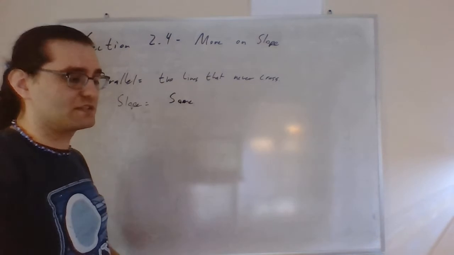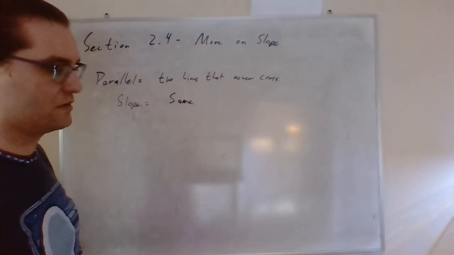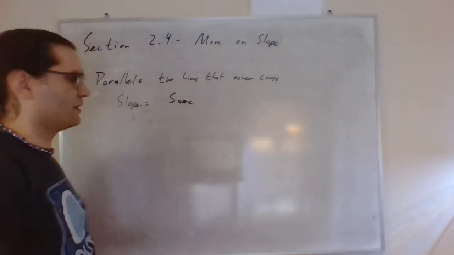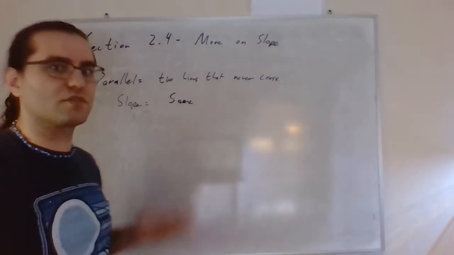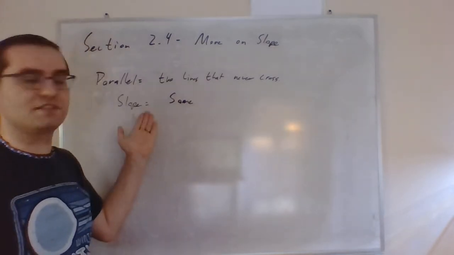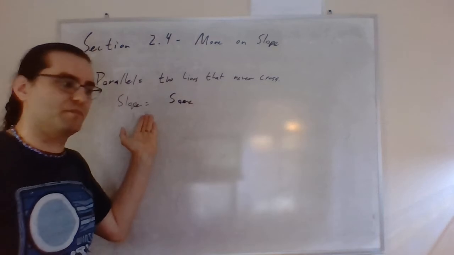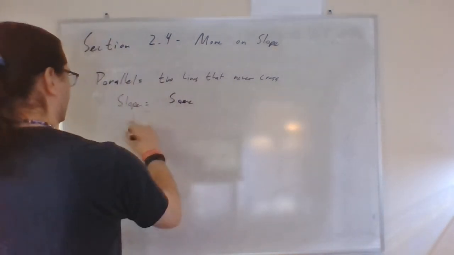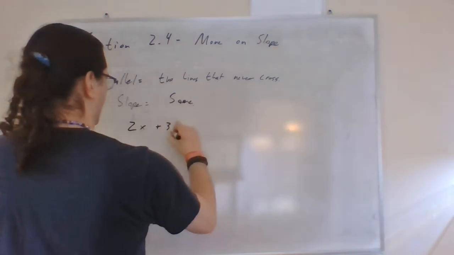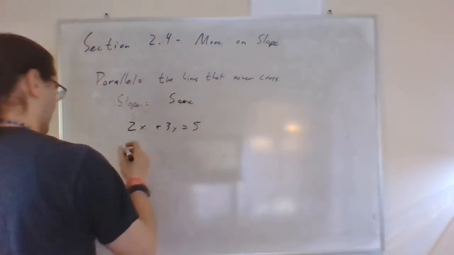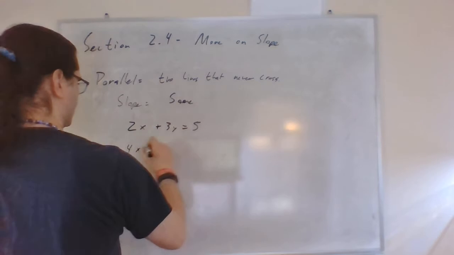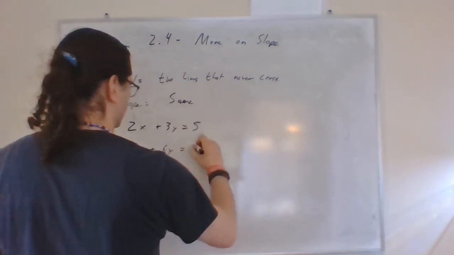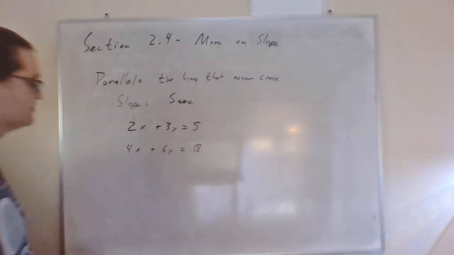This is going to come up in questions like, in some ways this has already come up a little bit in section 8.1. When we were doing section 8.1, we were looking at things like 2x plus 3y equals 5, and then 4x plus 6y equals 18, something like this.